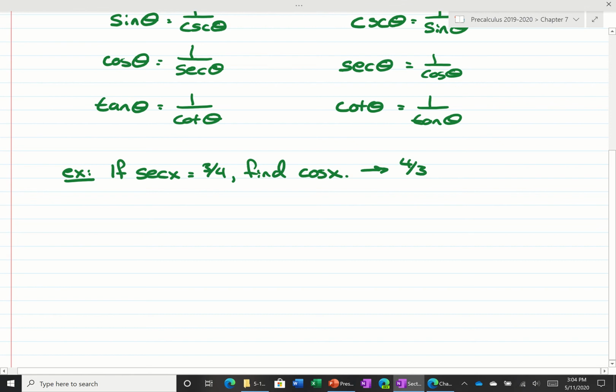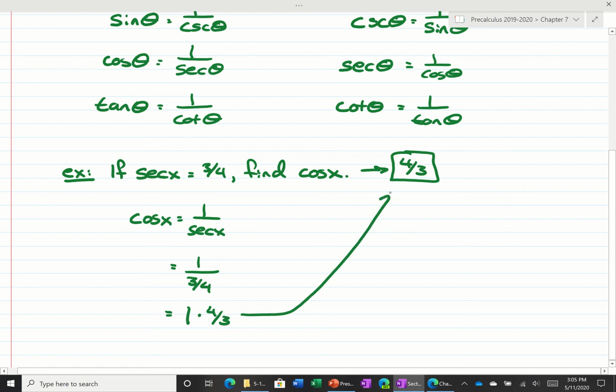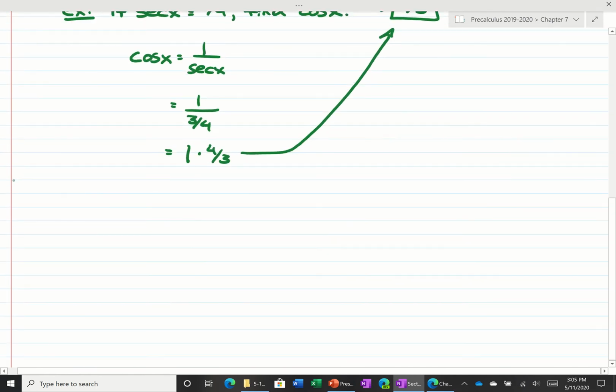Using the formula, the answer is 4/3, but the reason why it's 4/3 is because cosine is 1 over the secant. So if we have 1 over 3/4, that's the same thing as keep, change, flip. And you'd see you get 4/3. We shouldn't have any issues with the reciprocal identities.